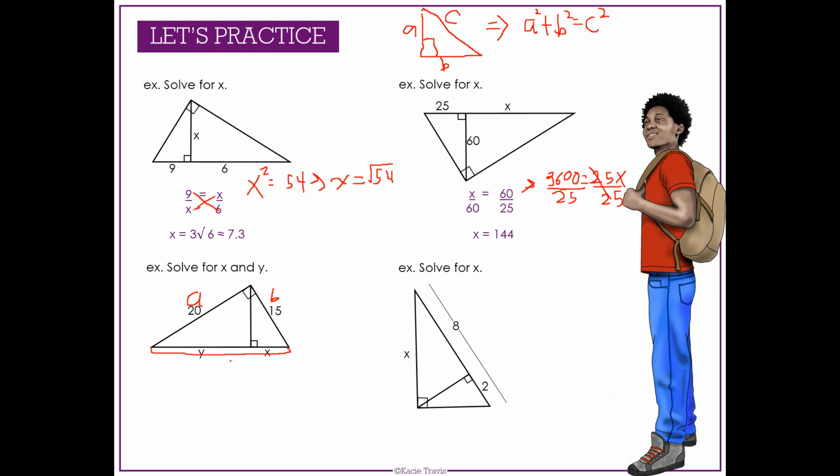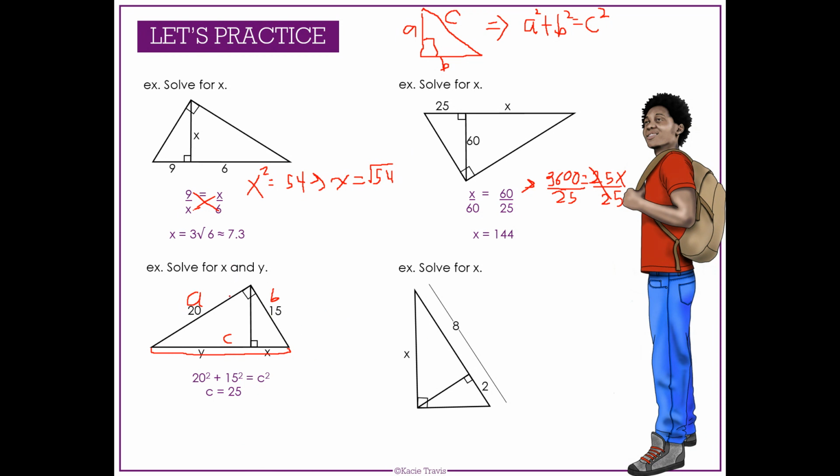This side here is C. So, first setting up, we use 15 squared plus 20 squared gives us C squared. When we go through and set up the math, this gives us C as 25. Now, as C is 25, we can go through and use it to find not only X, but Y.